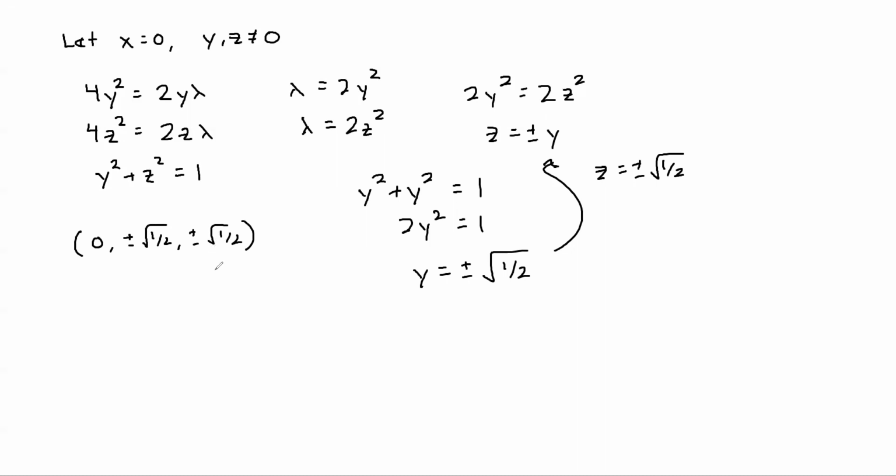What if y is 0 and x and z are not equal to 0? So just by extrapolation, we can go through and say that we also have plus or minus square root of 1/2, comma 0, comma plus or minus square root of 1/2. That would be the case where y is 0. And then we could go through and have plus or minus square root of 1/2, plus or minus square root of 1/2, 0.